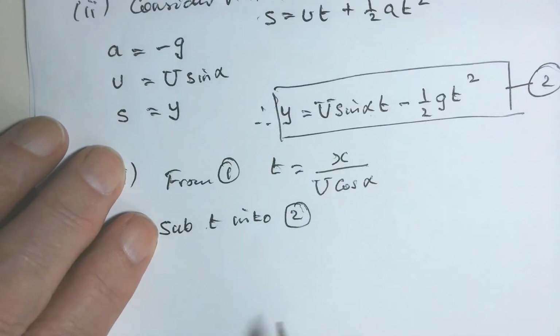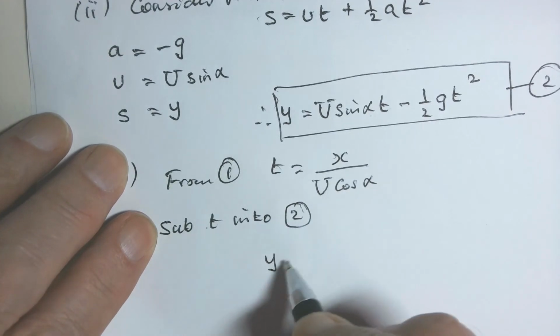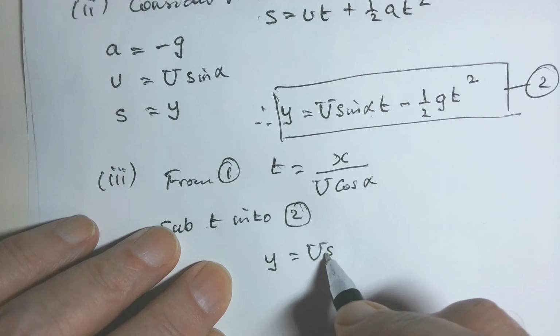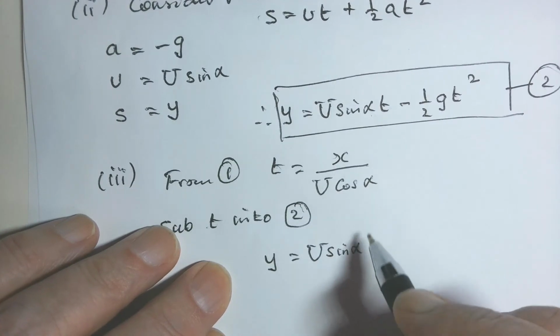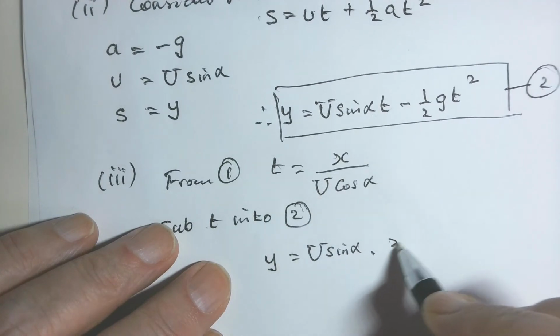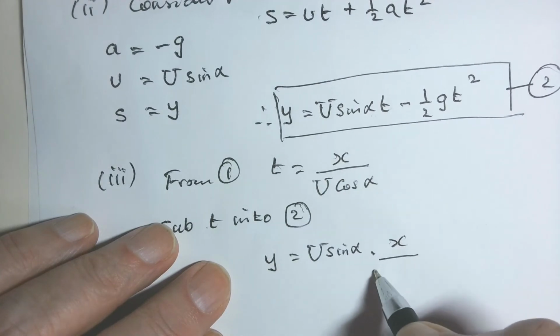Well, y equals big U sine alpha times t, and t is x over big U cos alpha.